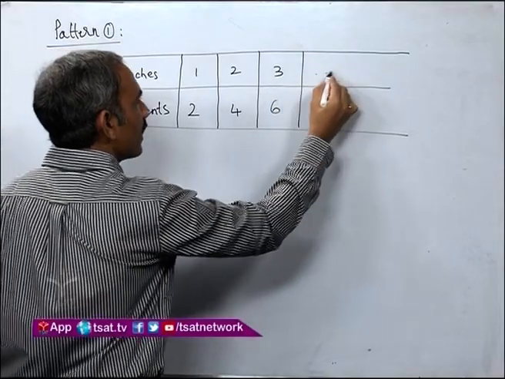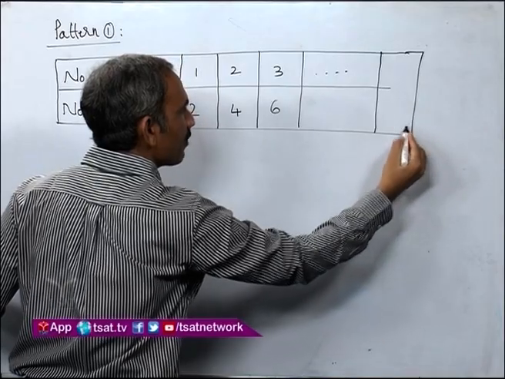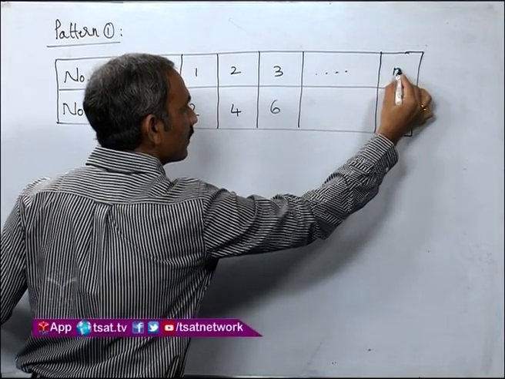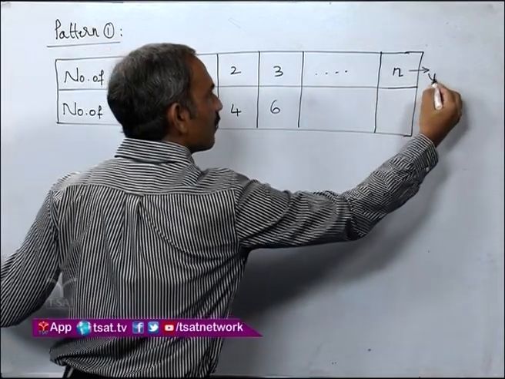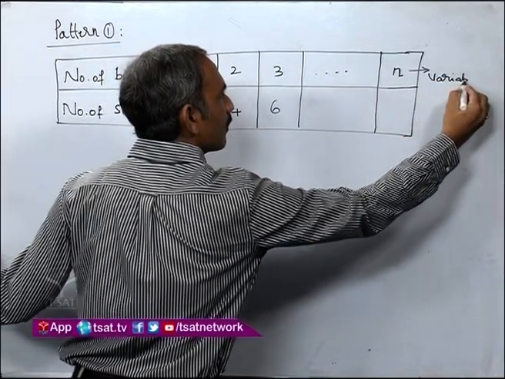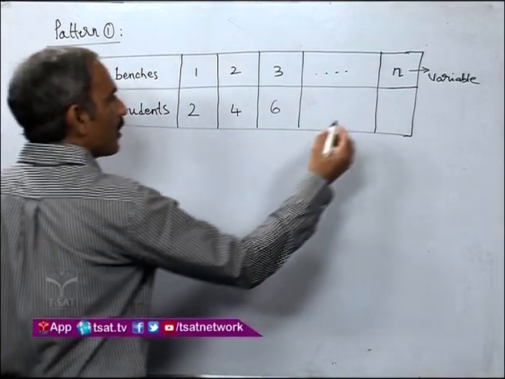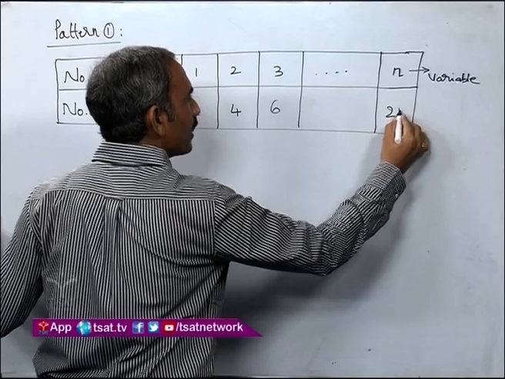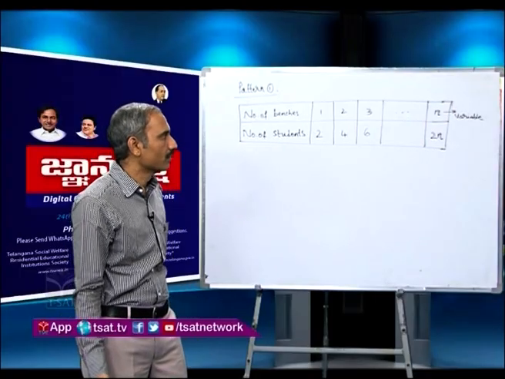Like that, we generalized the pattern by taking this n. This n is a variable here. If you take n benches, then the number of students we can accommodate is 2n. Okay, good.